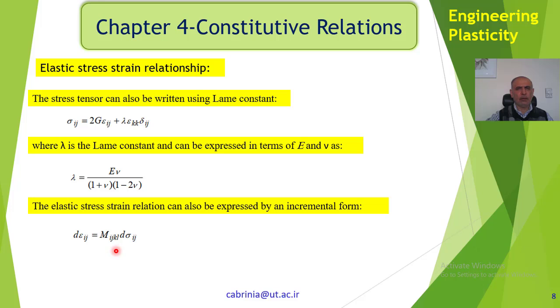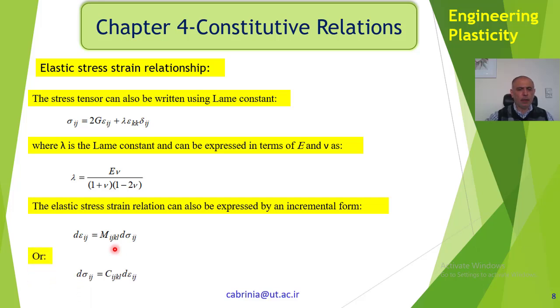So far I have explained the elastic relationship between strain and stress. In fact, this is the simple Hooke's law, because we have a linear relationship between sigma and epsilon.